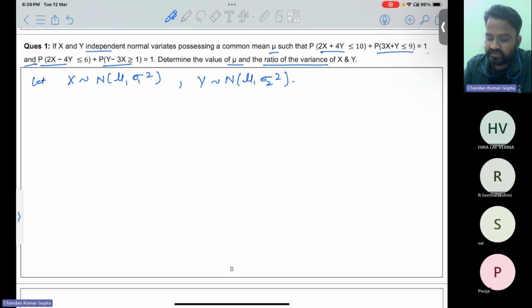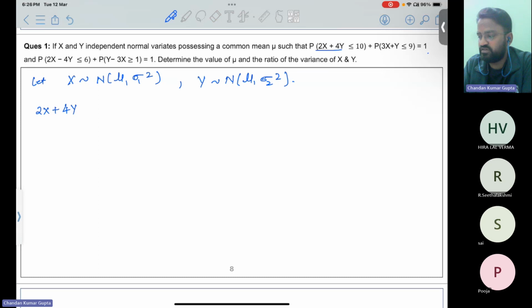So here, first consider 2X plus 4Y. With the help of the linearity property of the normal distribution, 2X plus 4Y also follows a normal distribution.